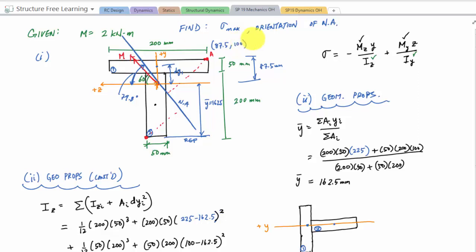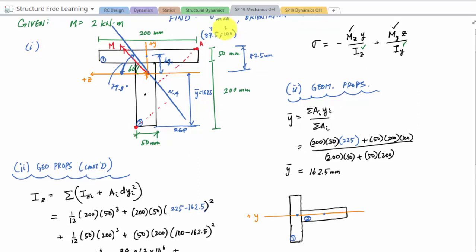Did I make a mistake? Maybe with the 100, that Z coordinate. It's not positive 100 because positive Z is to the left, so the Z coordinate should be negative 100. So this would be my Y at A and my Z at A.